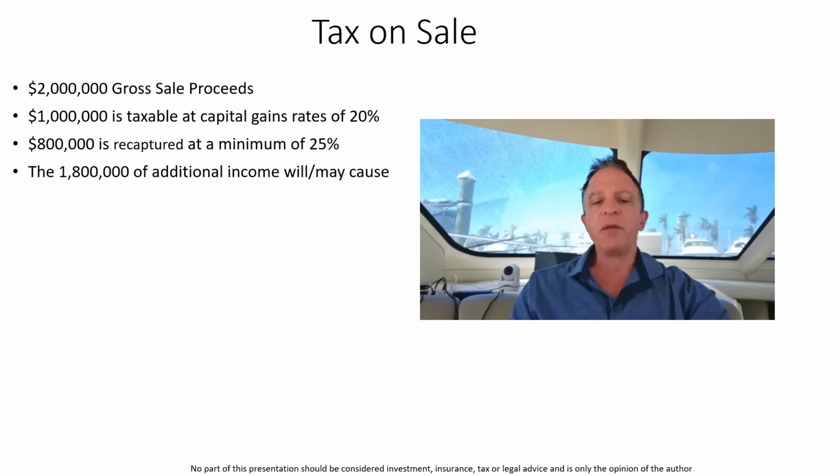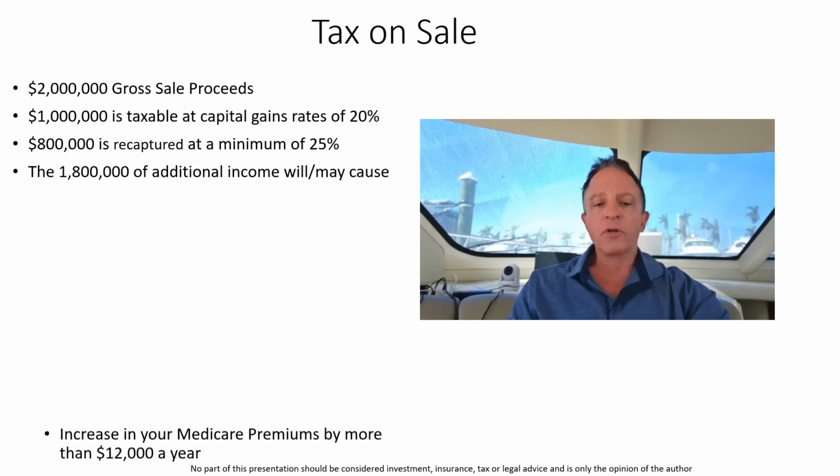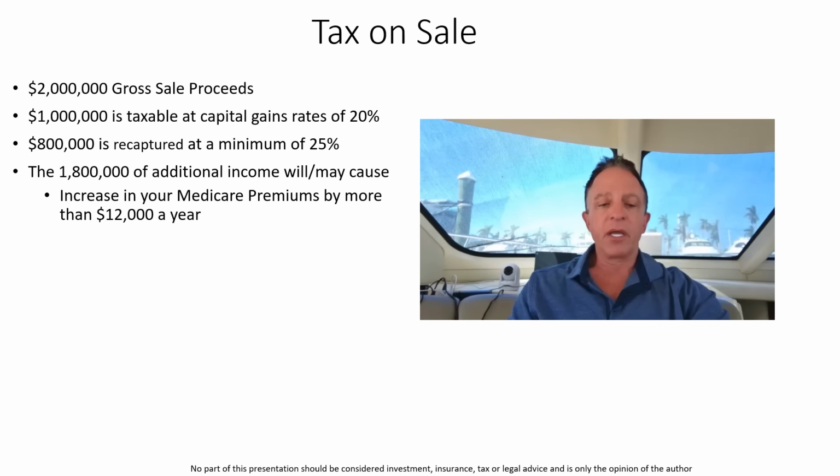So the $1.8 million is additional income that you're going to be putting on your tax return. Well, that very well may cause a lot more tax. It very well may cause more in Medicare premiums because there's what's called an IRMAA penalty. You can go up to an extra $12,000 a year in IRMAA penalty.